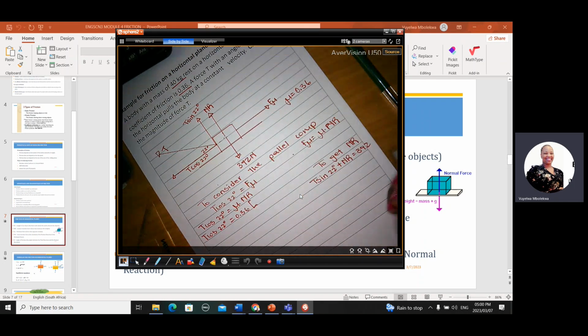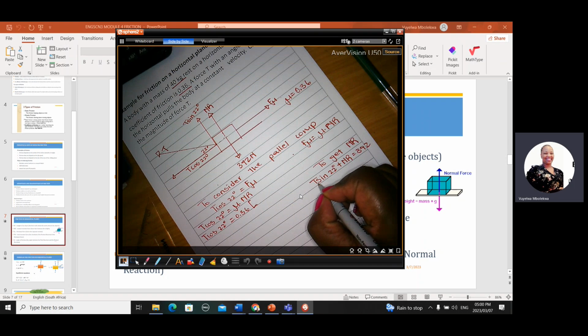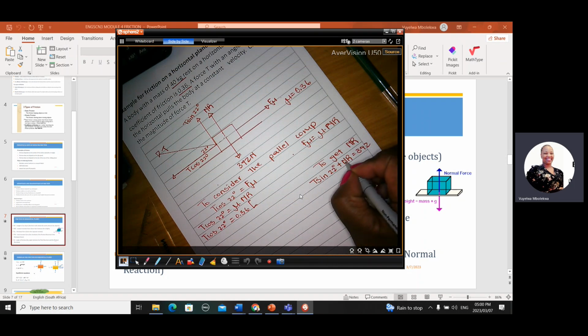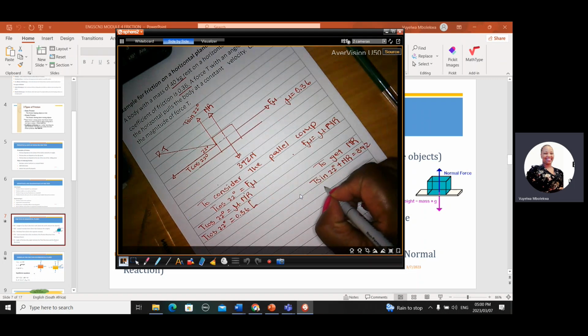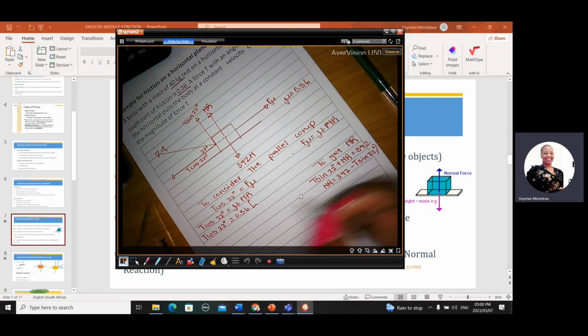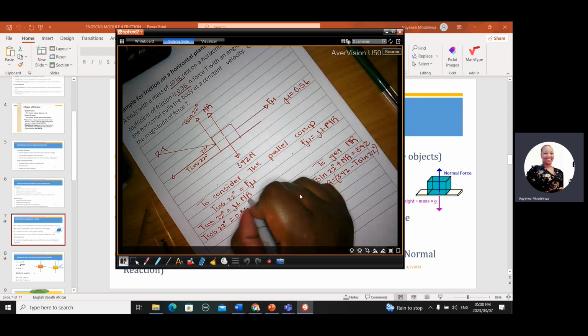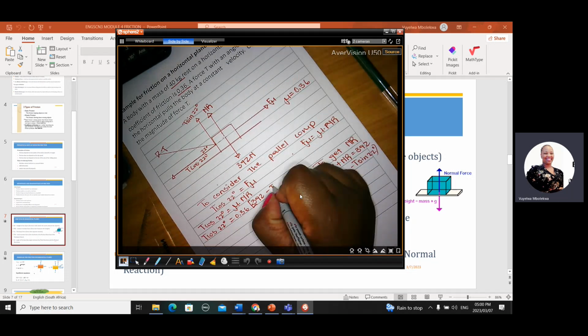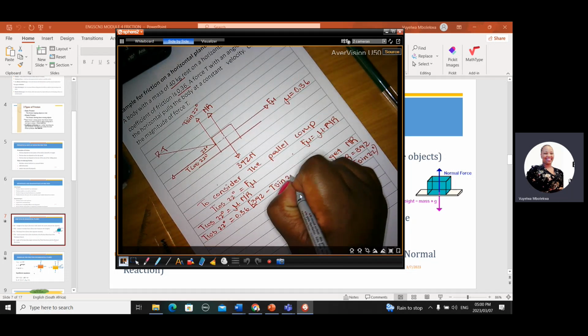So this is a force in newtons. So let's make NR the subject of the formula because we came here to look for NR. NR equals 392 minus T sine 22, okay? So we can substitute that whole expression in the place of NR. So it's 392 minus T sine 22.